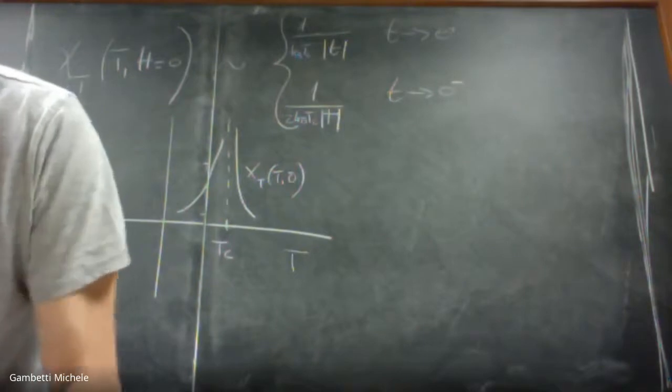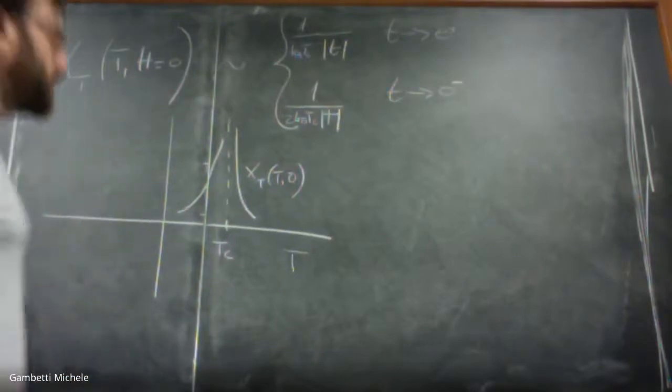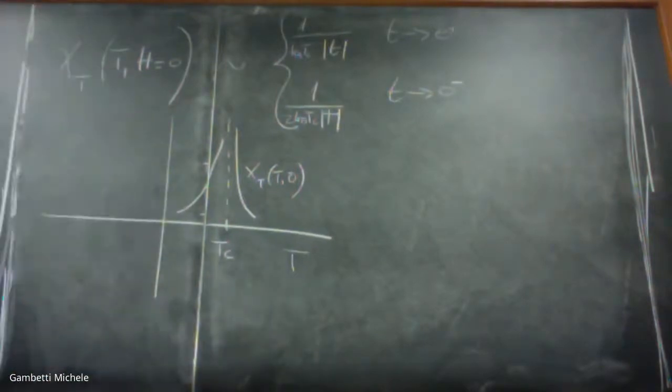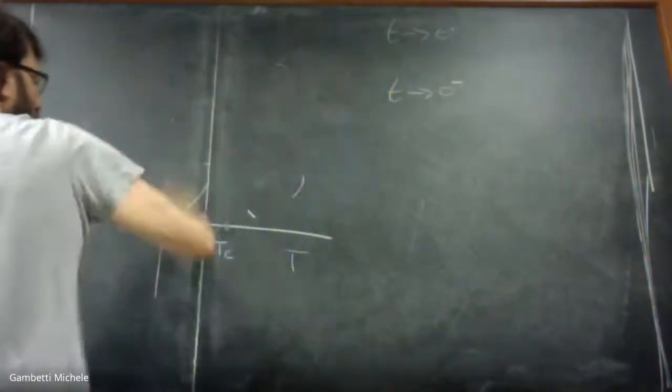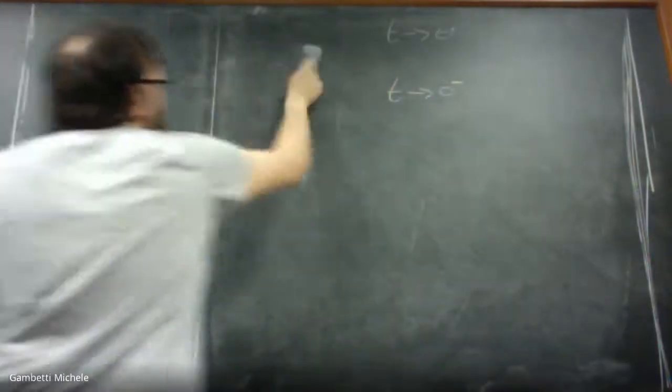Now, let me comment a little bit more on the interpretation, which is actually really remarkable, of what's going on when I have this critical temperature, by looking at what happens to the free energy.